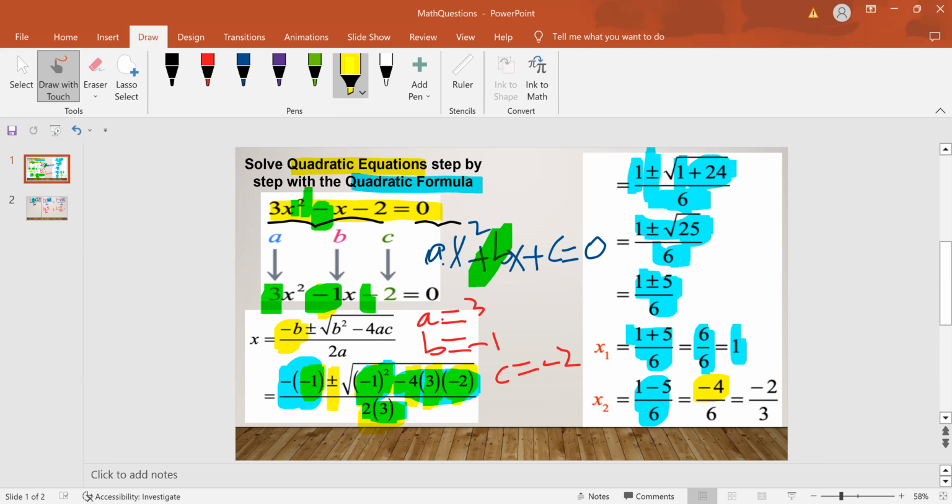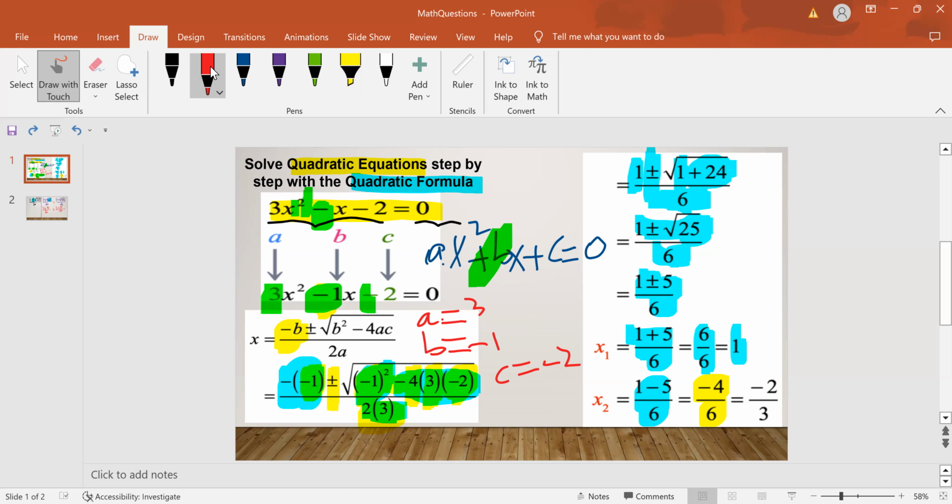So we have a negative 4 divided by positive 6, and you have to reduce it, which is to simplify. And how do we reduce this? We divide negative 4 by 2, we divide 6 by 2, and we get negative 2 over 3. So you divide the numerator and the denominator, the top and the bottom number, by the same value, to leave it as a fraction.